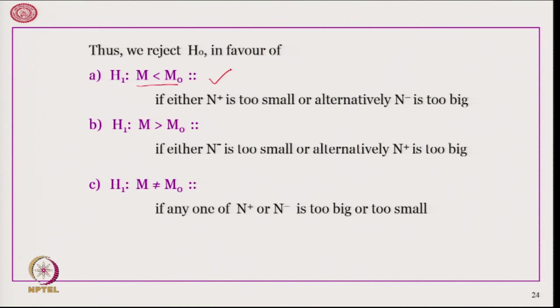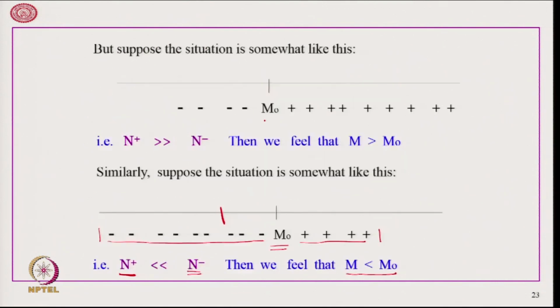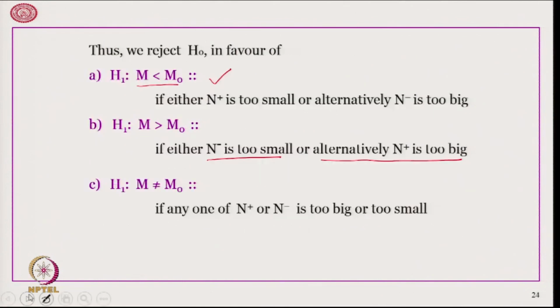In a similar way, if n minus is too small or alternatively n plus is too big, then we would rather think that m is greater than m naught. So, something like this, we would expect that m is somewhere greater than m naught. Therefore, if the observed statistic is such that n plus is too big or n minus is too small, then we would expect that m is greater than m naught.